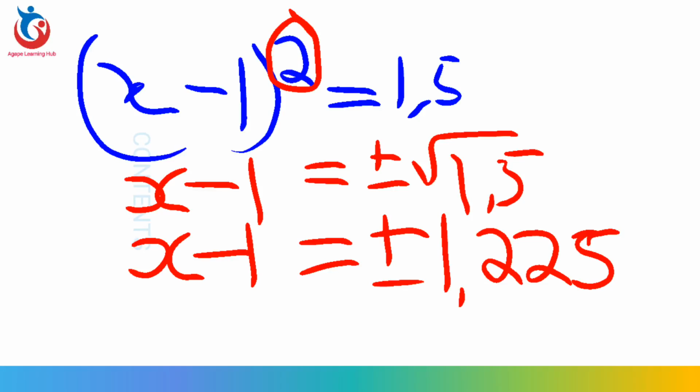We need to have x on the left hand side alone, so we need to take over the 1. The 1 is negative on the left hand side, so when it gets over to the right hand side, it's going to be plus.